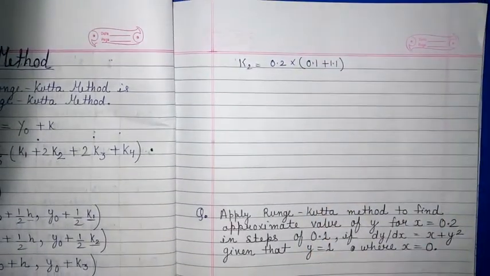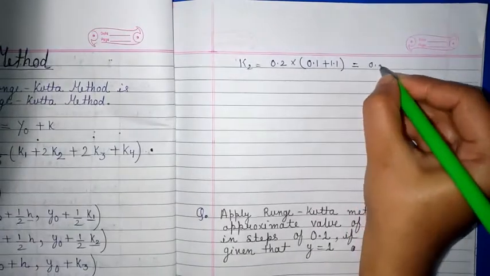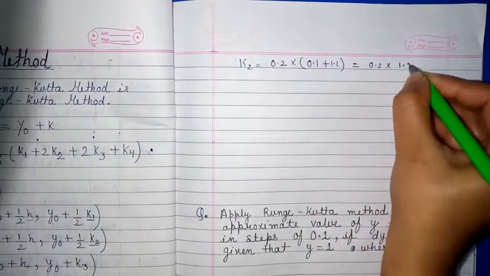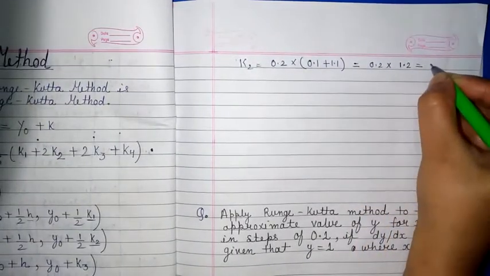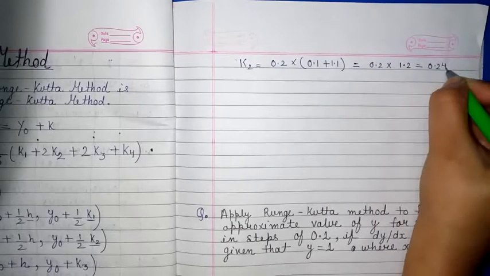This gives 0.2 multiplied by 1.2, and if you multiply this, you will get 0.24.